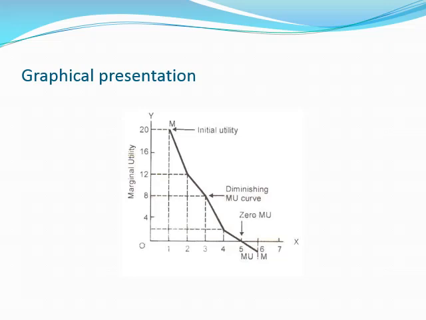So this is the graphical presentation of the previous example. As you see, for 8, 12, 16, 20, and here are given various quantities of goods from 1 up to 7.